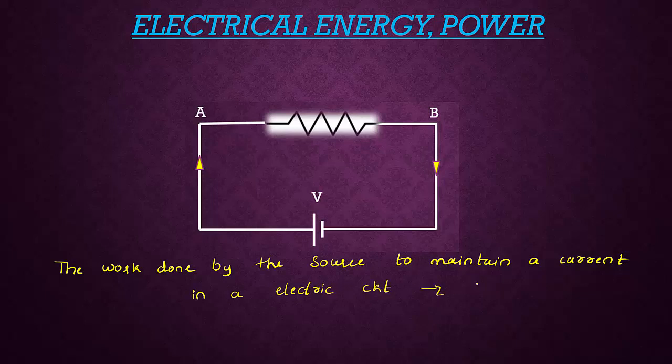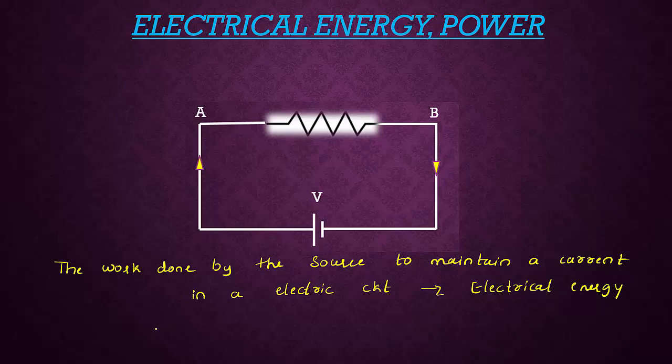So what is electrical energy? The work done by the source. Source means a cell, a battery or a dynamo. Why are we using this source? Only to maintain a current in a given circuit. So this is called electrical energy.